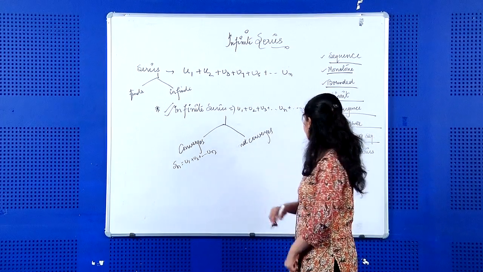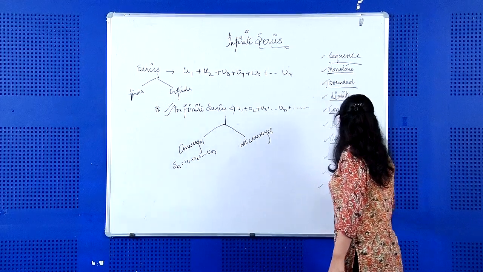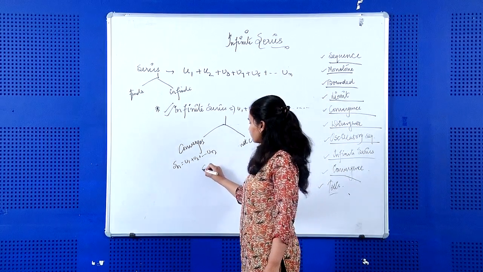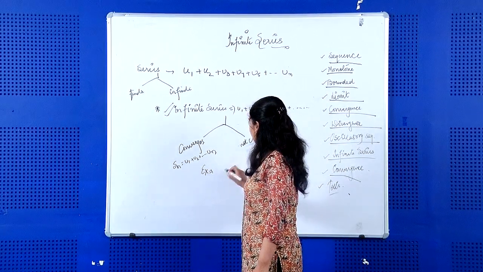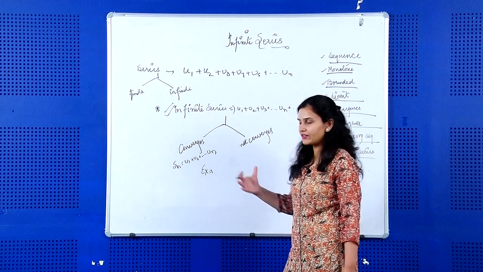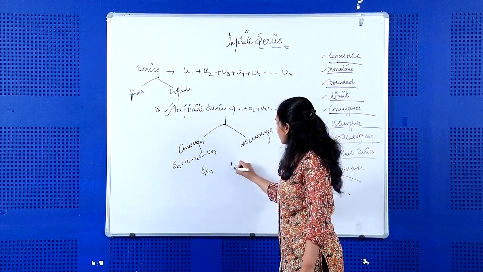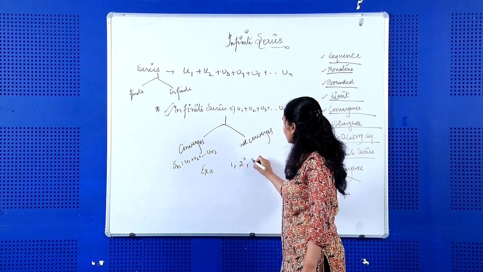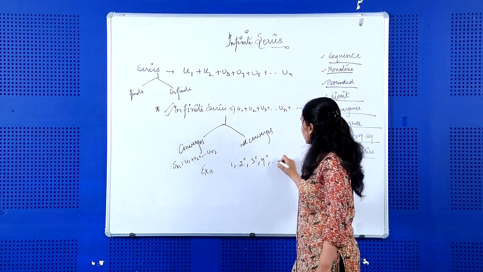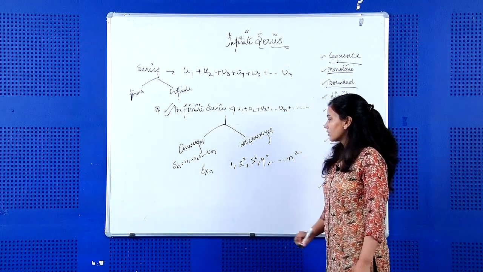For example, I will take one very good example. Say the squares of the first n natural numbers. So, it is 1, then 2 square, 3 square, 4 square and n square.